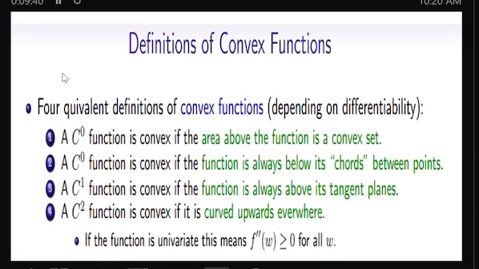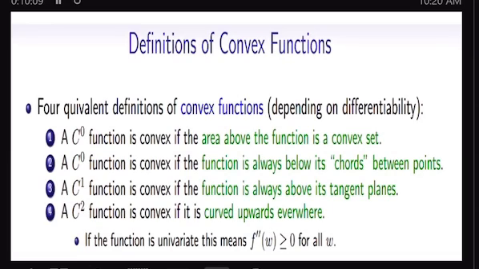It has to be curved in the entire domain. And that is exactly what I mean. What is the condition that we are going to impose? I need you to take a look at this. The second derivative of the function has to be greater than or equal to 0.